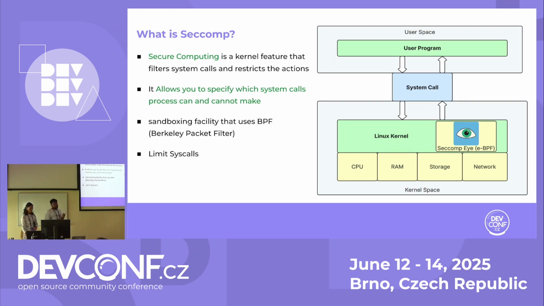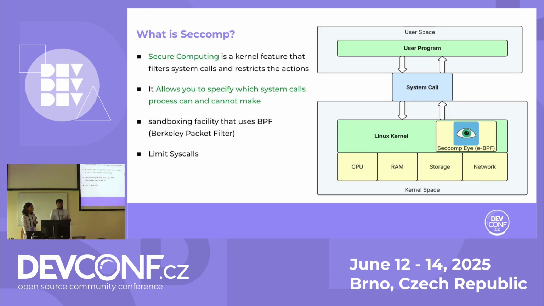So Seccomp is used for sandboxing applications. Sandboxing is nothing but running your application in a secured and isolated environment. Many applications use sandboxing, and it is basically used for limiting system calls.